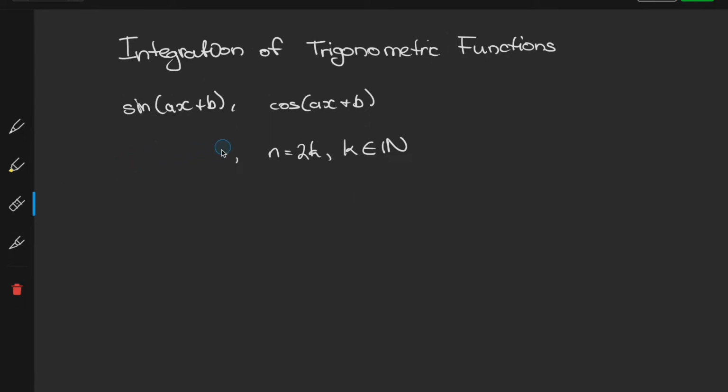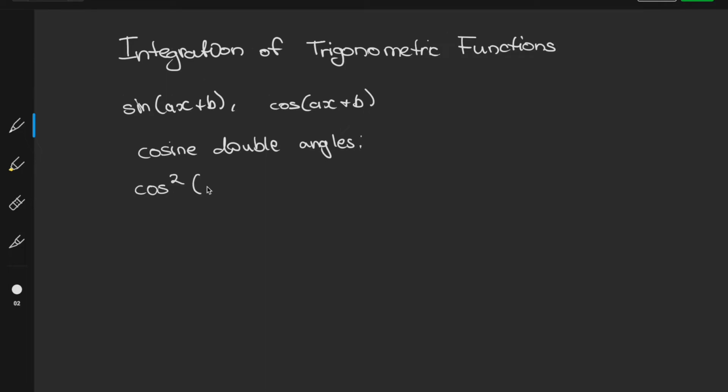So the two most important formulae that you must remember, these come up all the time in math specialist WACE exams, are the cosine double angle formulae. So I'll just write that down. We have that cosine squared of x is equal to 1/2 times 1 plus the cosine of 2x.